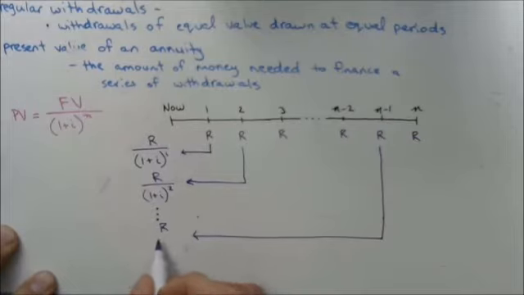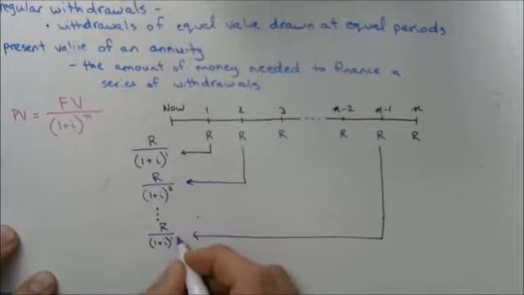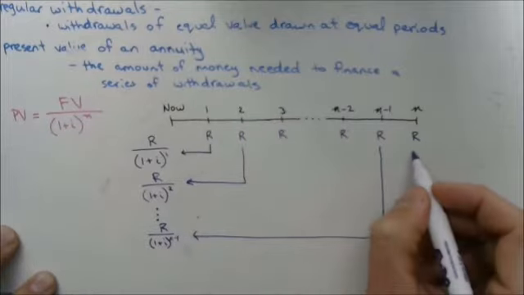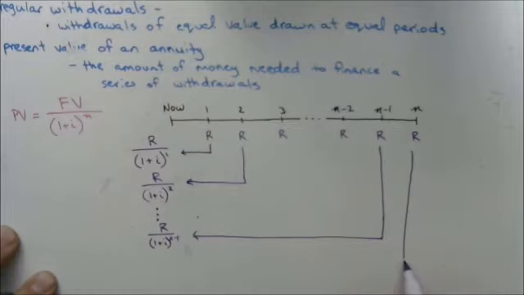So this is the regular withdrawal over 1 plus i to the power of n minus 1. It's going to compound n minus 1 times before I withdraw it. And for our final withdrawal, it's going to compound n times. Okay.